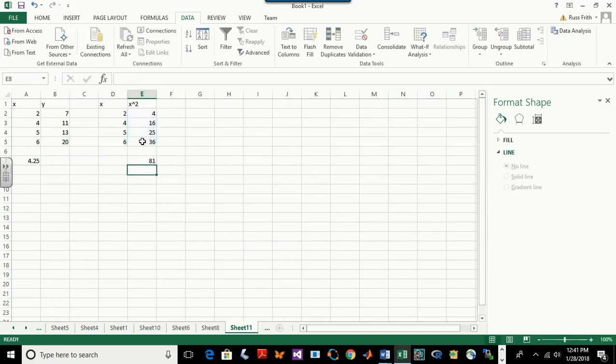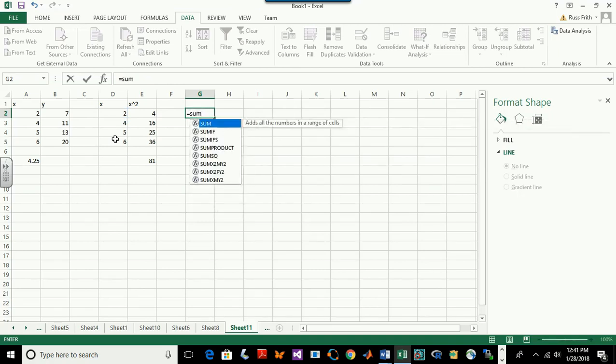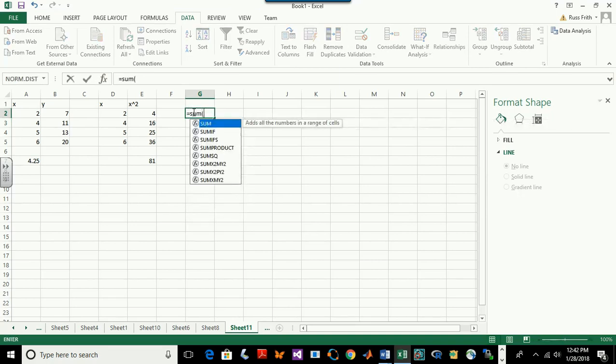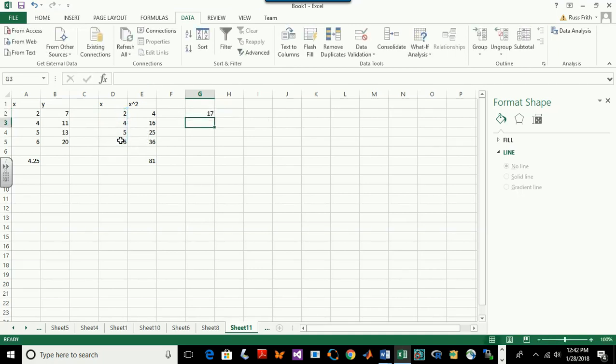So that's 81, and then the sum squared would be this value squared. That's 289. So 289 is the square of the sum.